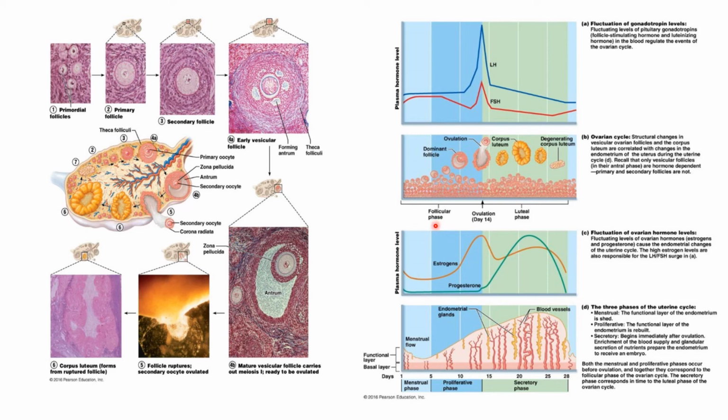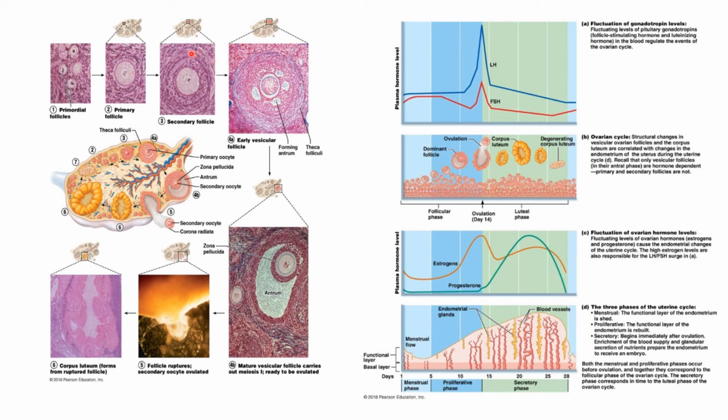During the follicular phase, the reason why it's called follicular is because this is when we are going to have our follicle cells growing. So during the follicular phase, those primordial follicles, as we explained previously, are going to start growing into the primary follicle, then into the secondary follicle, then into the vesicular follicle.